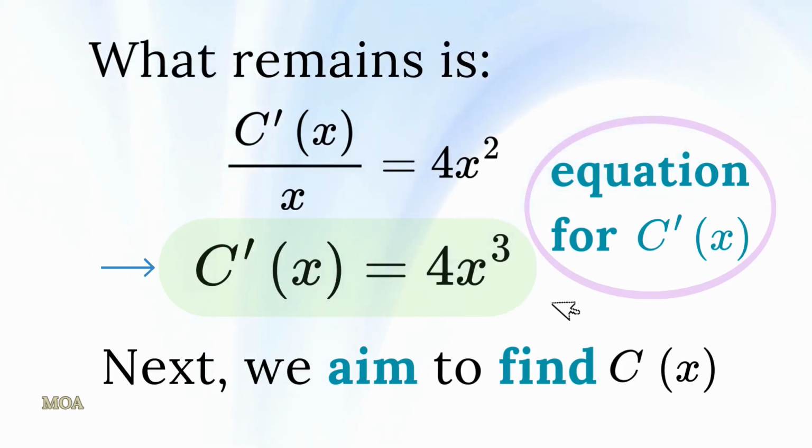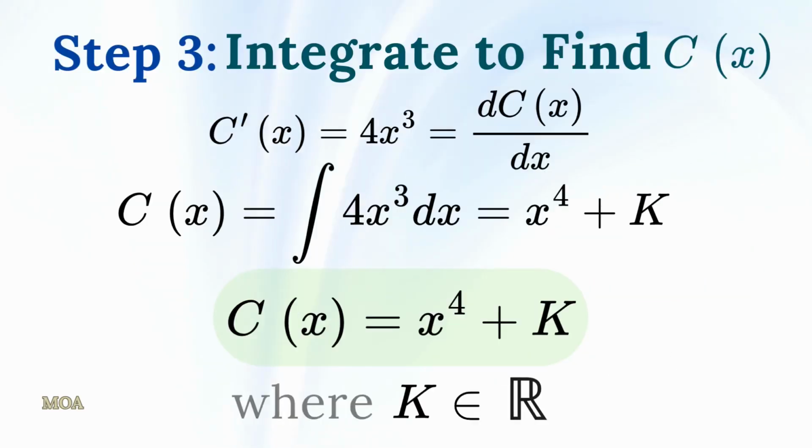Next, we aim to find c of x. For this reason, in step 3, we integrate c prime of x. This yields c of x equals x to the 4th power plus a real constant k.